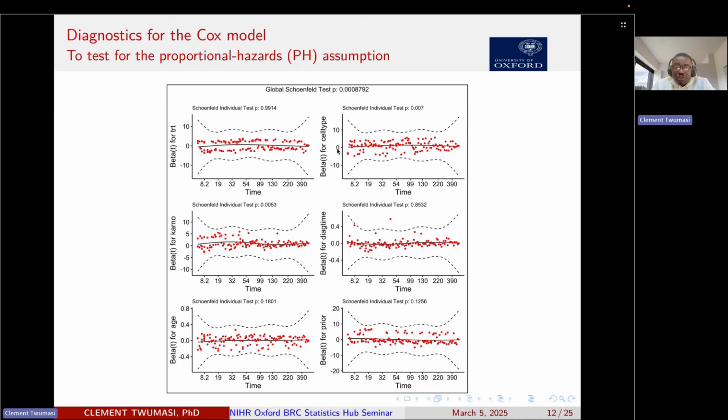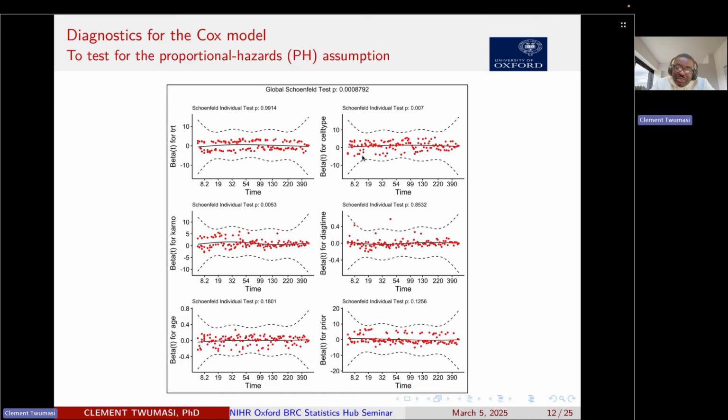There's a statistical test to do that, and the famous one is the Schoenfeld test. You can get the Schoenfeld test for each of the covariates, and anytime you see a significant p-value, that variable violated the proportional hazards assumption.